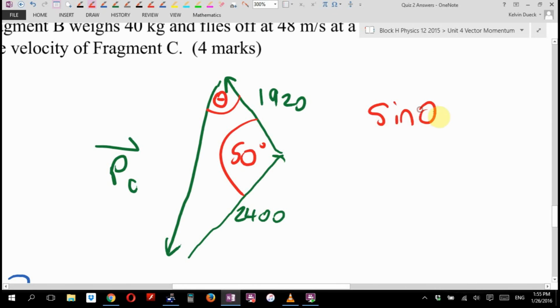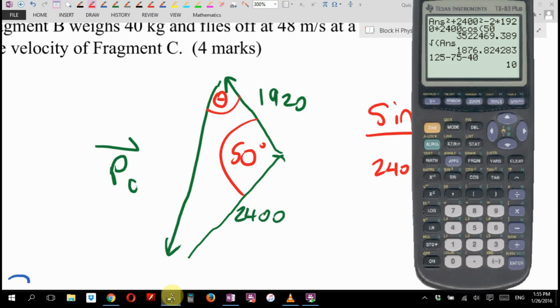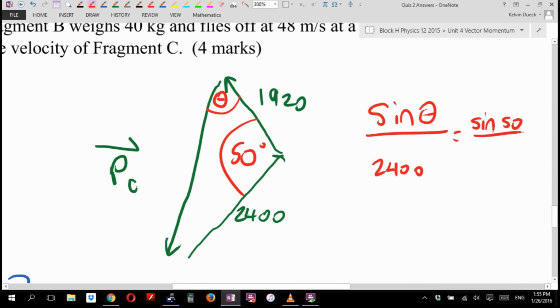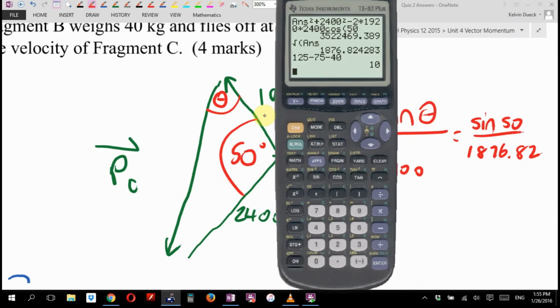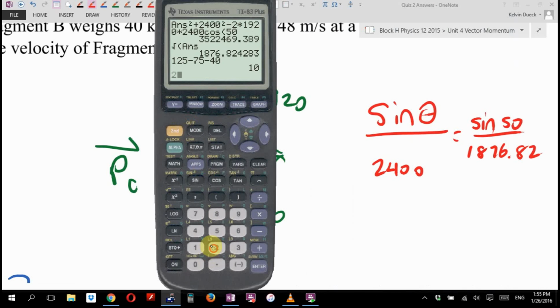It's going to be sine theta over 2400 equals the sine of 50 over 1876.82. So theta is the inverse sine of 2400 sine 50 over 1876.82.